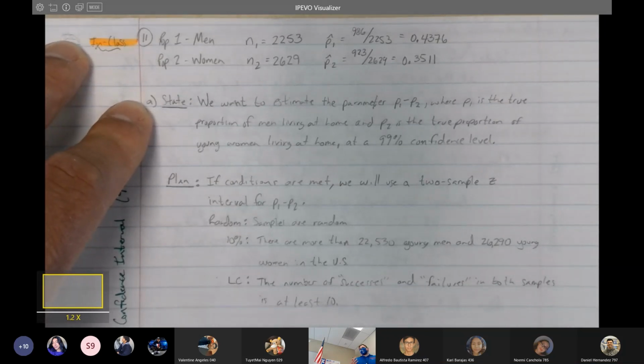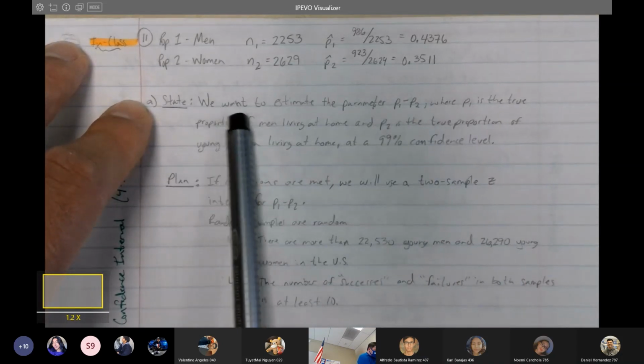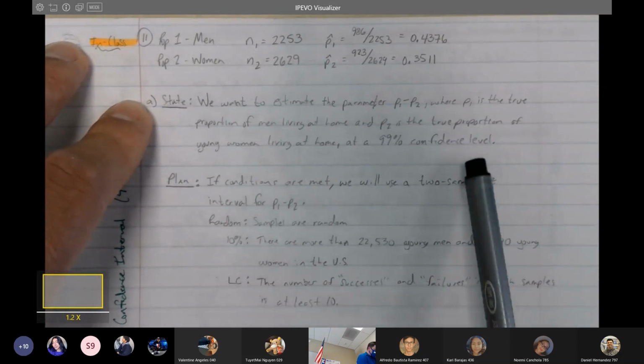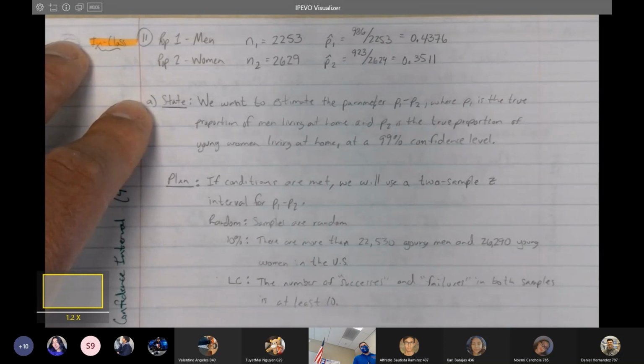That is the statement saying what I'm going to do. Notice I've said what I'm estimating, what the parameters represent, and at what confidence level I'm going to be estimating it. Those things need to be in our statement.